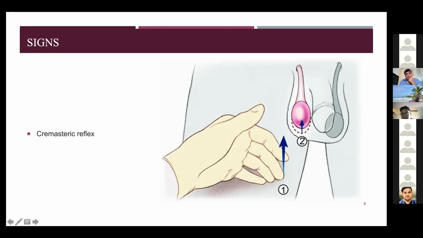Usually movement of more than 0.5 centimeter is considered normal. This reflex is typically absent in torsion of the testes. However, the presence of the reflex can never rule out torsion of the testes. And this reflex is also normally absent in children less than 30 months of age.